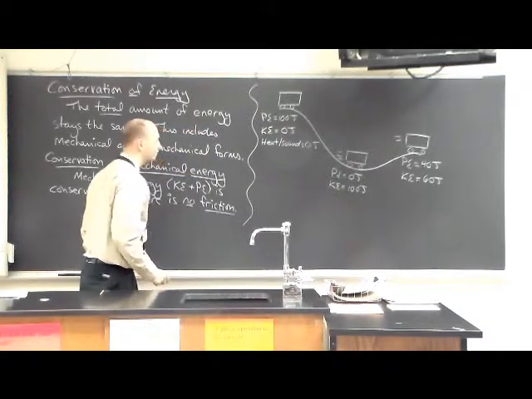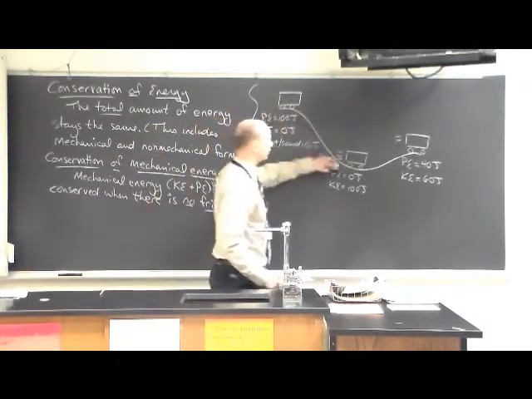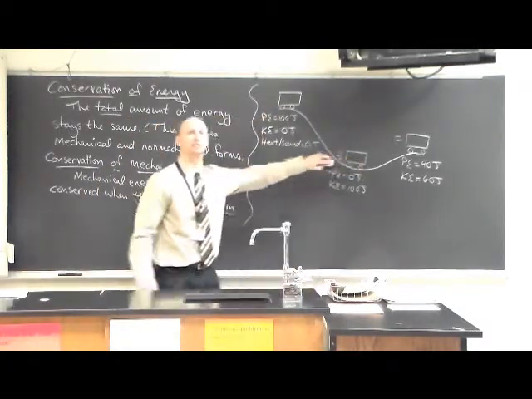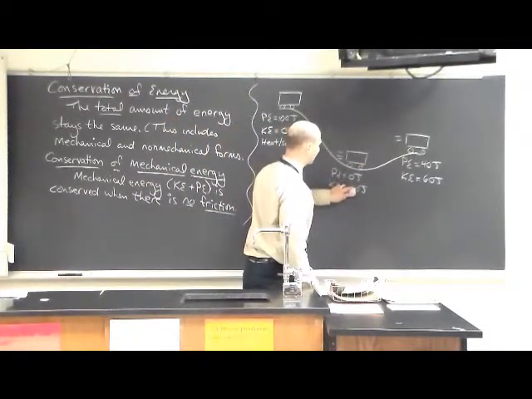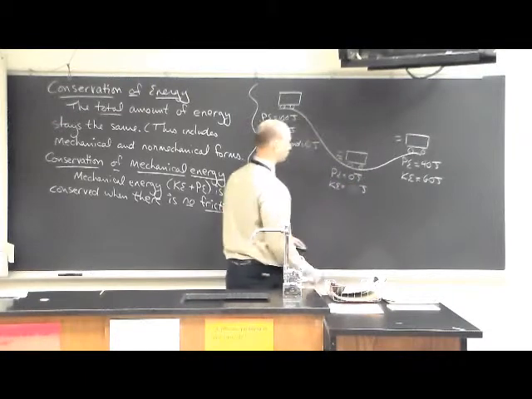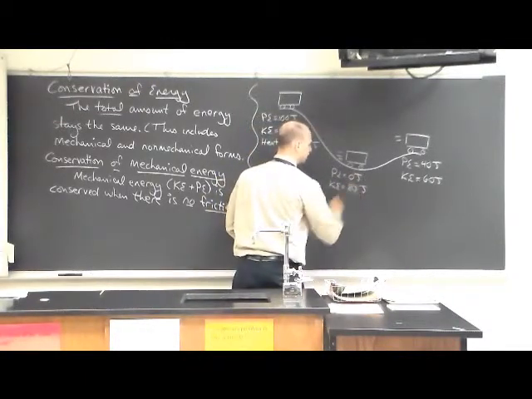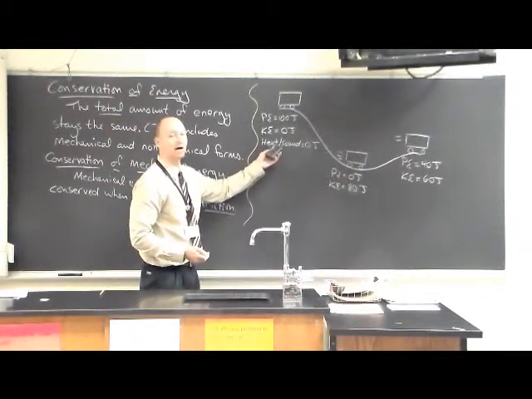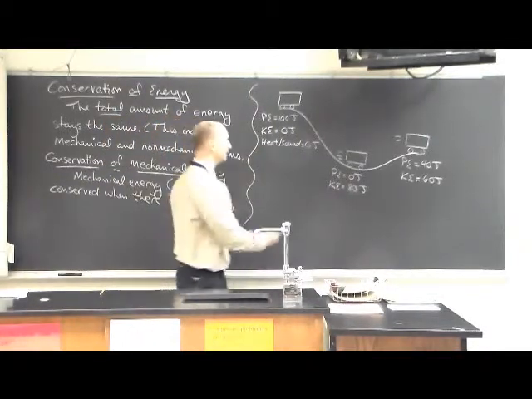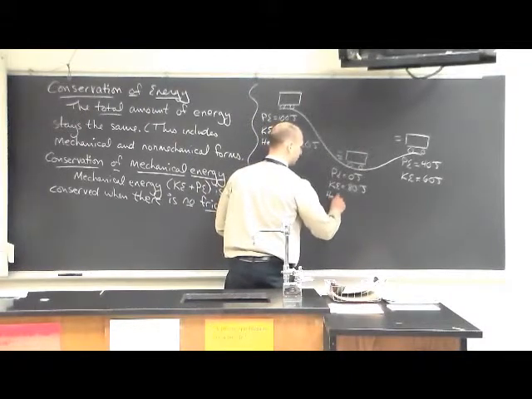Now in real life, if it loses all of its potential energy as it gets to the bottom of the first hill, that does not mean in real life that the kinetic is really 100 joules. Let's say that it's only 80 joules. Where did that extra 20 go? Well, it went into non-mechanical forms such as heat and sound due to friction.